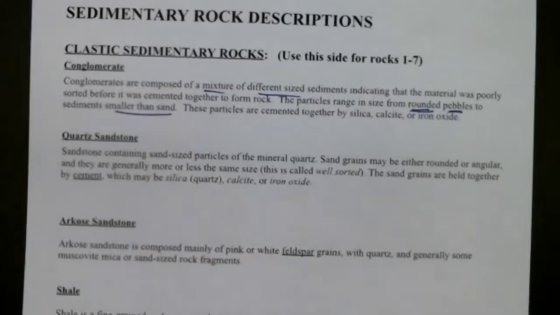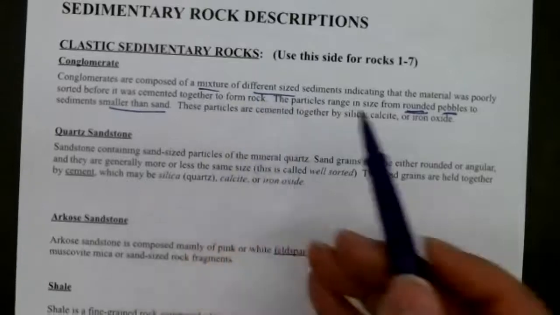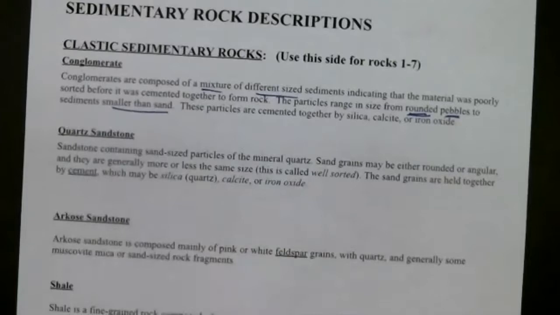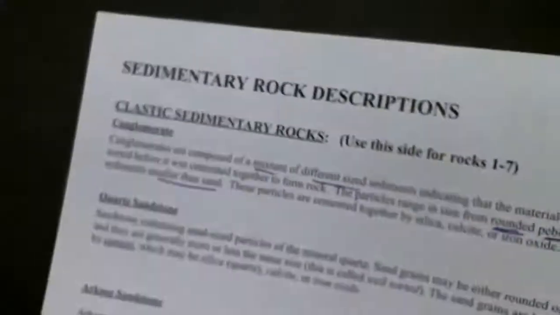These particles were cemented together by silica, calcite, or iron oxide. So we're looking for something that's a mixture of different size particles that has rounded pebbles and smaller particles smaller than sand. So rounded pebbles, mixture of different size, smaller than sand. So the question is, which one is it?